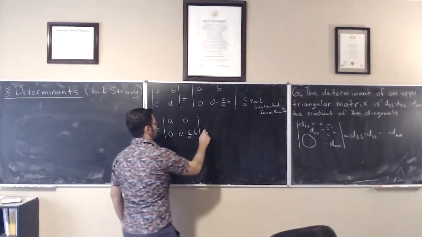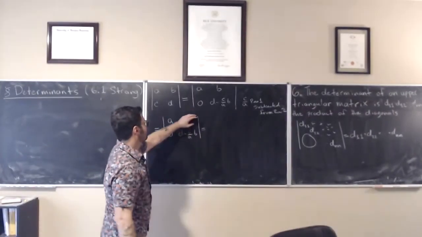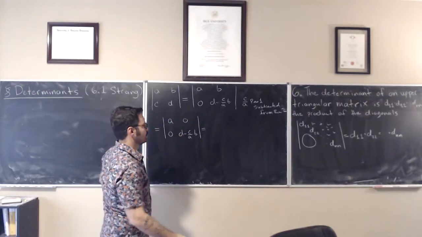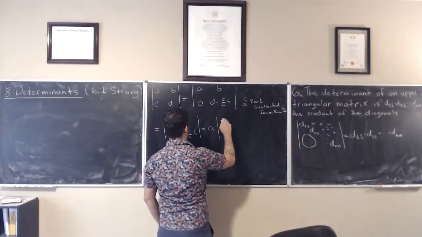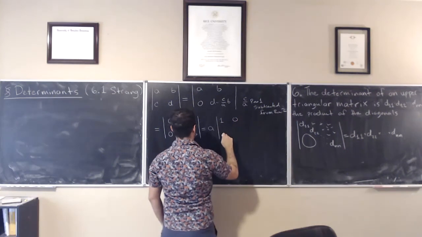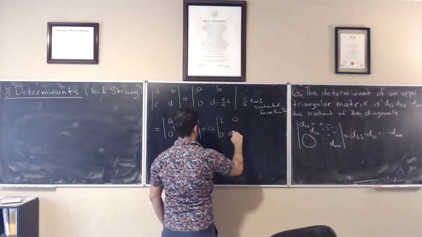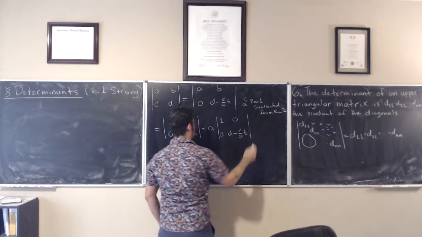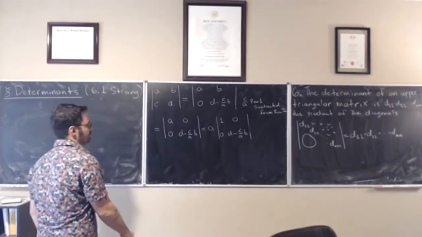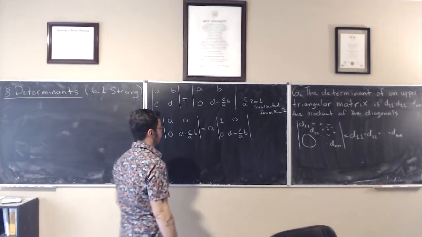And then we know that we can take out scalars from rows. So this would be A times 1, 0, 0, D minus C over A times B. Okay.